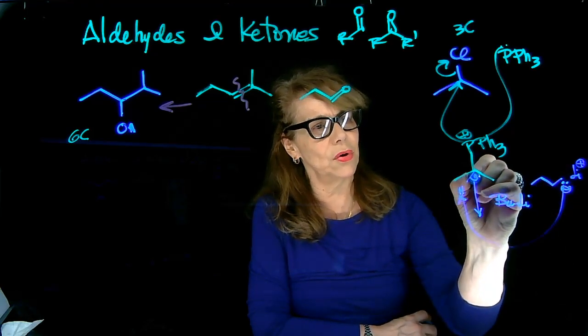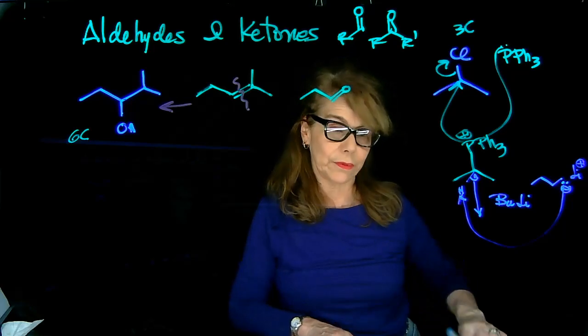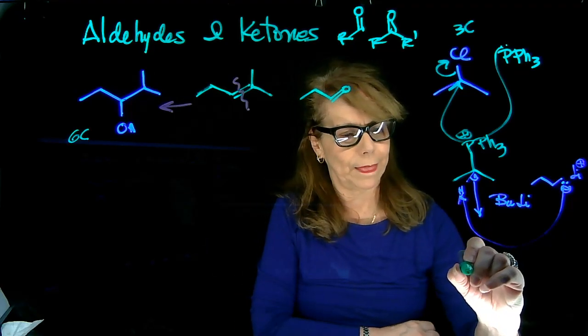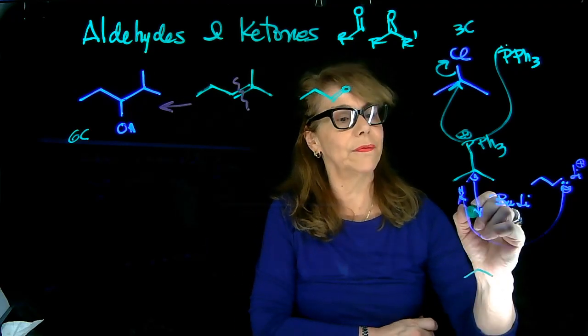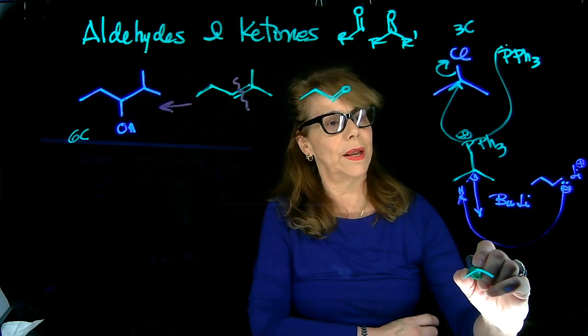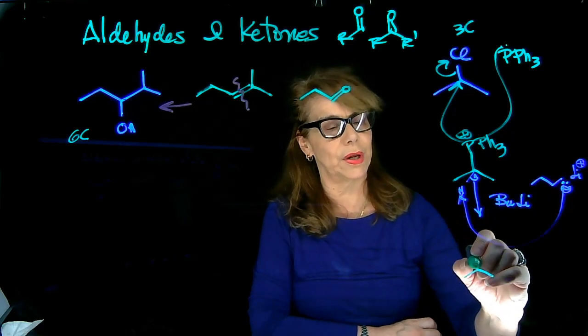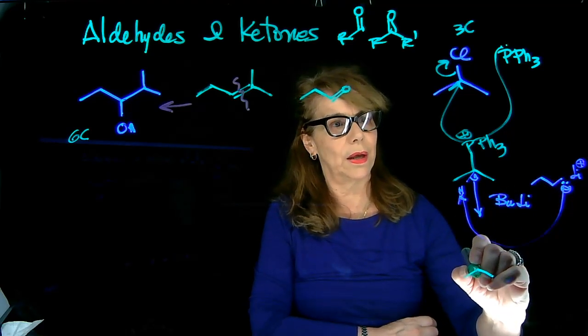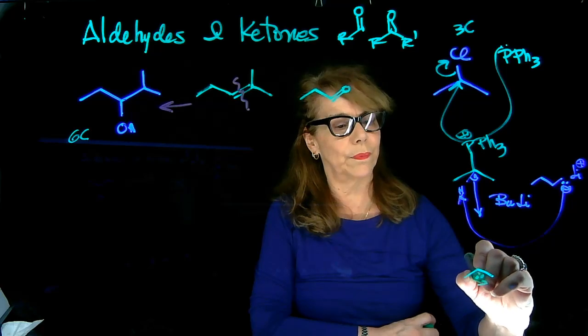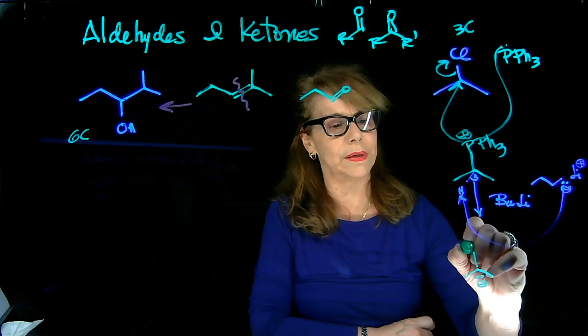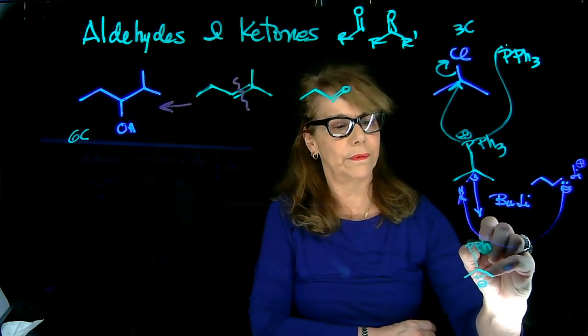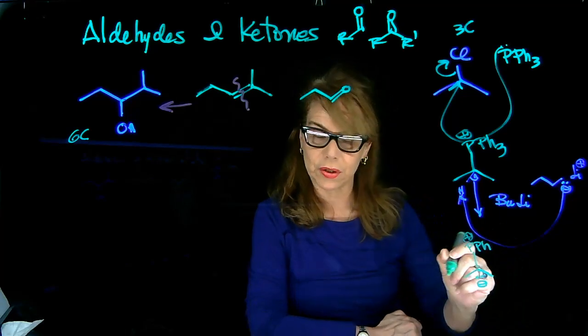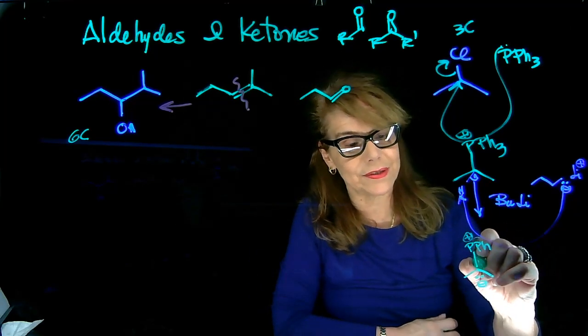And in doing so, I'll be making my reagent, which will have, now that I have removed the H, the electron pair. And now I'm going to have the phosphorus with a positive charge. And this has a resonance structure.